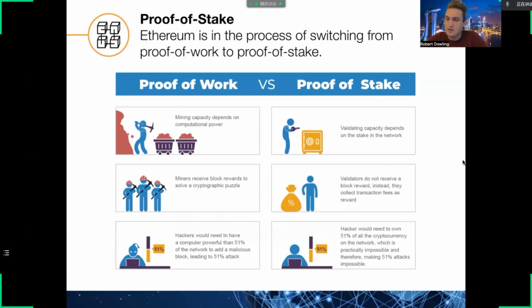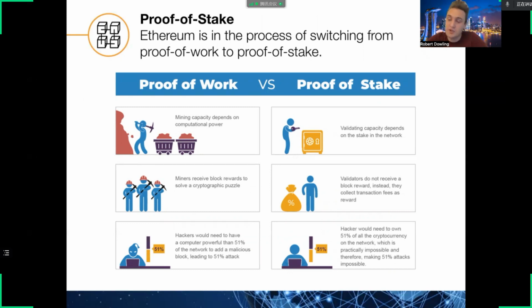Another interesting thing about Ethereum is that, we just discussed Bitcoin and how it's a proof of work mechanism. They solved the nonce, and this is evidence that they've spent some electricity, and the miners then receive miners' rewards in the form of newly minted Bitcoin for solving that nonce.